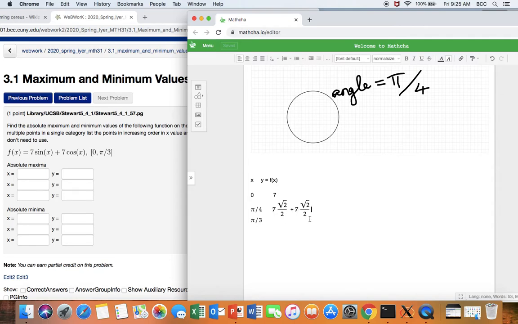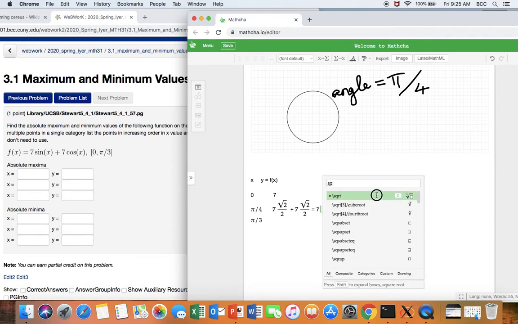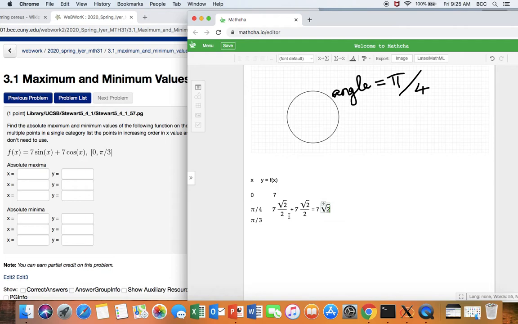You have a common denominator and both are halves, so they combine: 2 root 2 over 2, the 2's cancel, and it equals 7 square root 2.